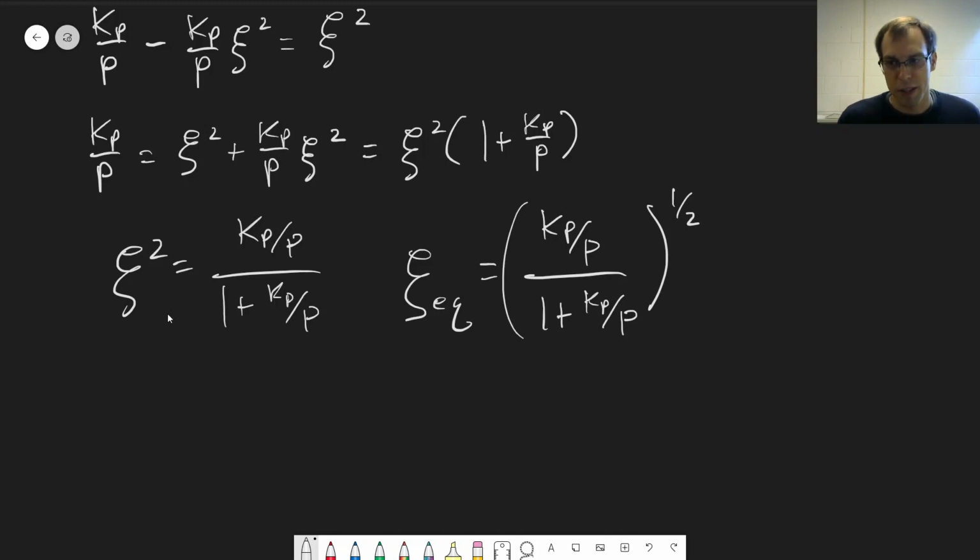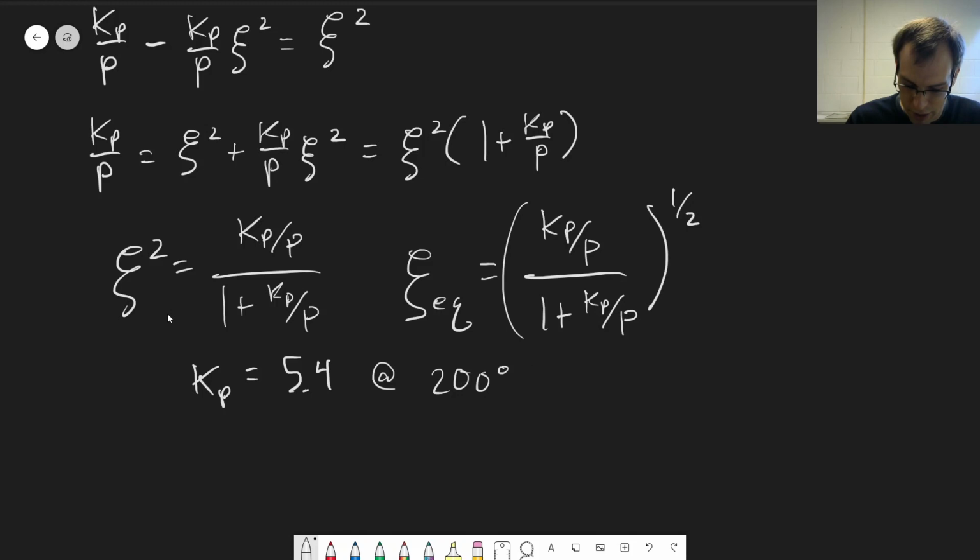Okay, so that gives us an expression. And we can go ahead and use a known value for Kp, which is a constant. We can look this up: Kp is equal to 5.4. This is information from your textbook, at a particular temperature of 200 degrees Celsius. So at 200 degrees Celsius, this reaction will slightly favor decomposition.